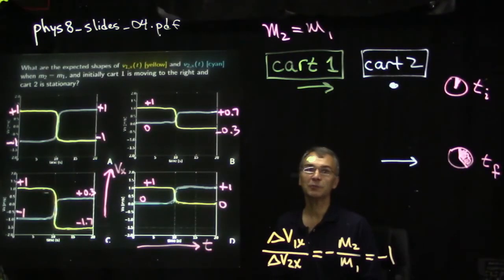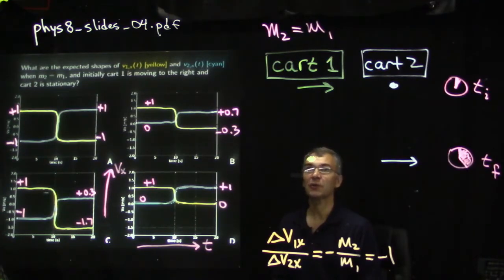To be a little bit more quantitative about pairs of carts colliding, I've made some graphs and combined it with some video clips of the air track. It's basically like an air hockey table for physics courses.